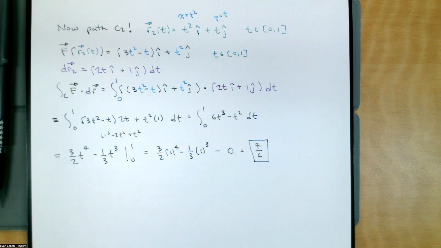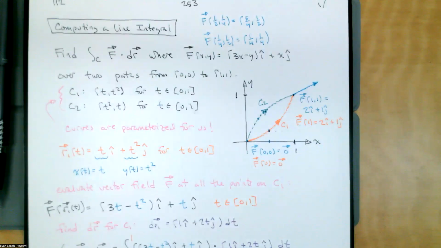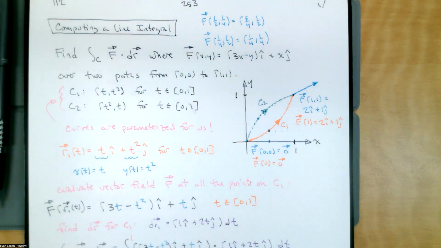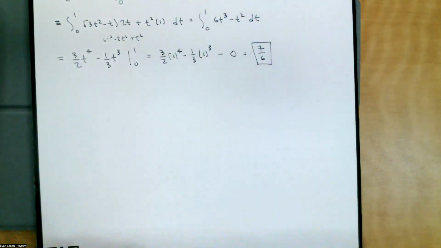So we have only calculated 2 line integrals, but the procedure is always going to be the same. We're going to want to take our curve. Right now we had a parameterized curve, but it could be that we have a curve described in a different manner.